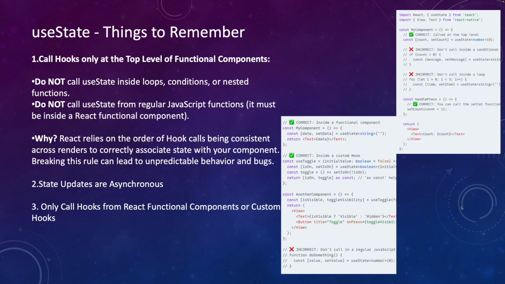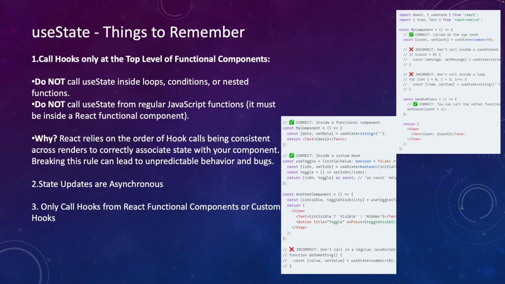That's because it should reside inside a React functional component. And why is it so important? That's because React relies on the order of the hook calls being consistent across renders to correctly associate them with state in your component. So breaking this rule can lead to unpredictable behavior and bugs.